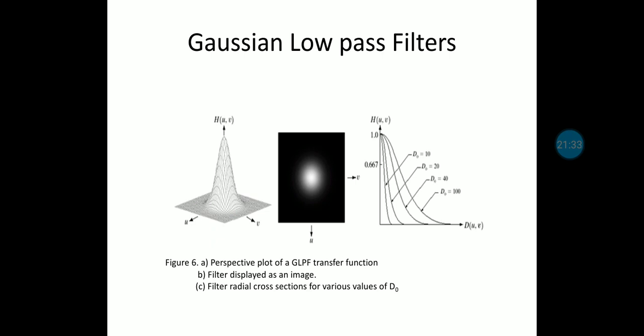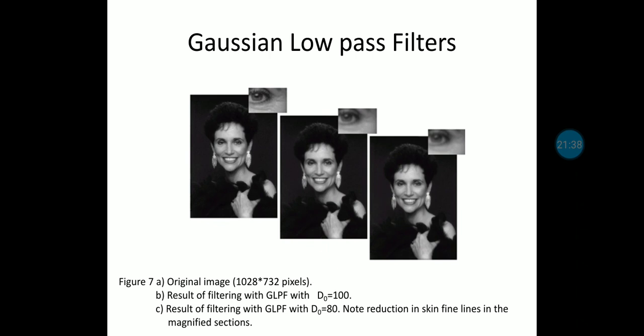So let's see now one picture wherein we can identify how things change when we vary the value of D naught, which is a positive constant in either the Gaussian low pass filter or the Butterworth low pass filter.